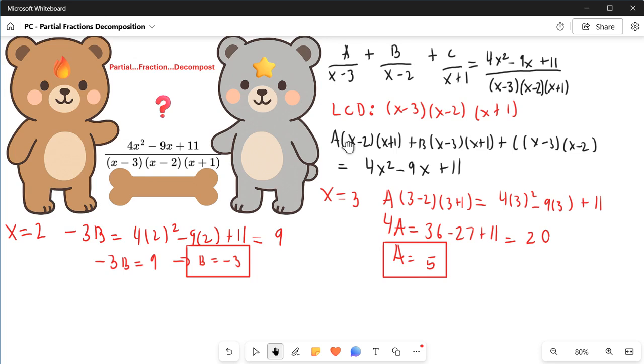If I multiply a and x minus 2 and x plus 1, the leading term is ax squared. Over here, same thing, ax squared. Over here, cx squared. But over here, that has to equal 4, right?